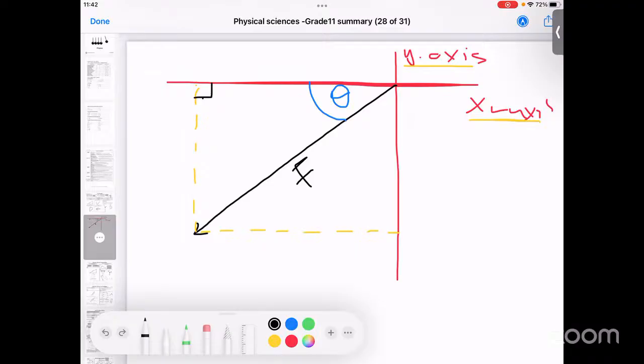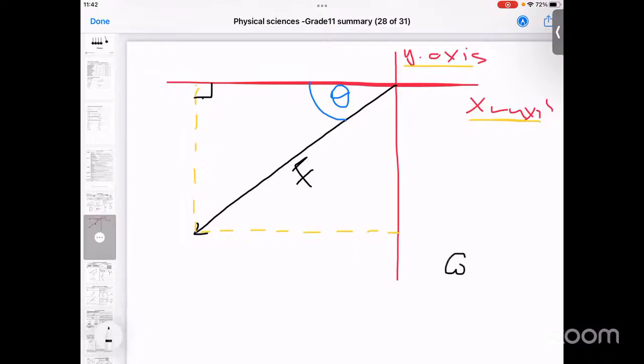We know very well that the cos of whatever angle is the adjacent side, which is the x side, over the hypotenuse. The hypotenuse in this case is that F. So if we are looking for the x component, we just cross multiply, and we end up having the diagonal force, or the diagonal vector, times cos of the angle.